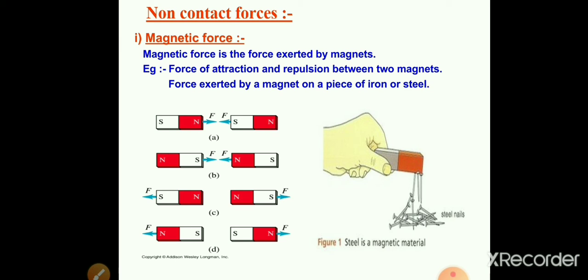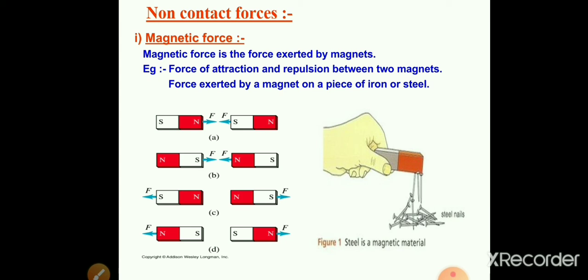The iron or steel objects attract towards the magnet. This property we call the magnetic property. The substance which exhibits this property is called a magnet. The force by which a magnet attracts or repels objects of iron, steel, nickel and cobalt is called magnetic force.